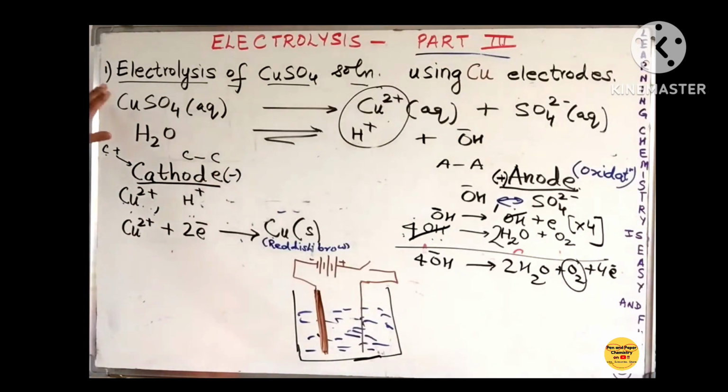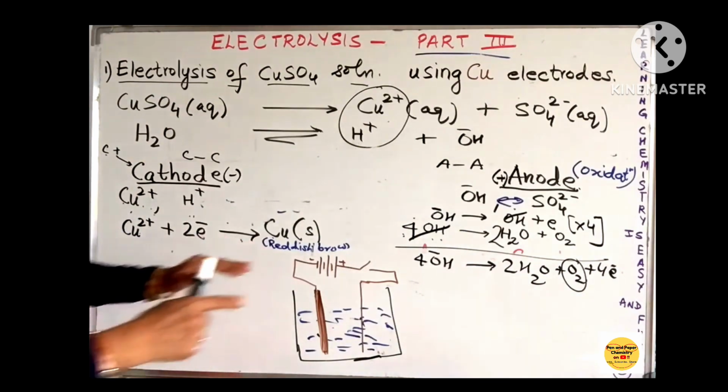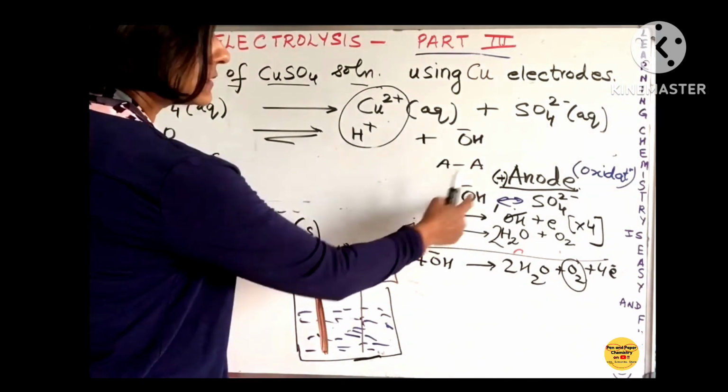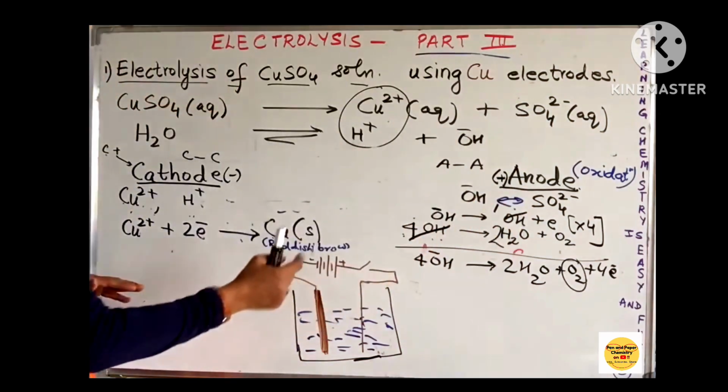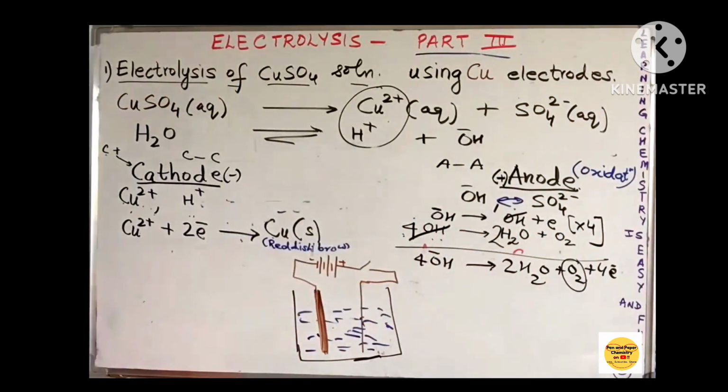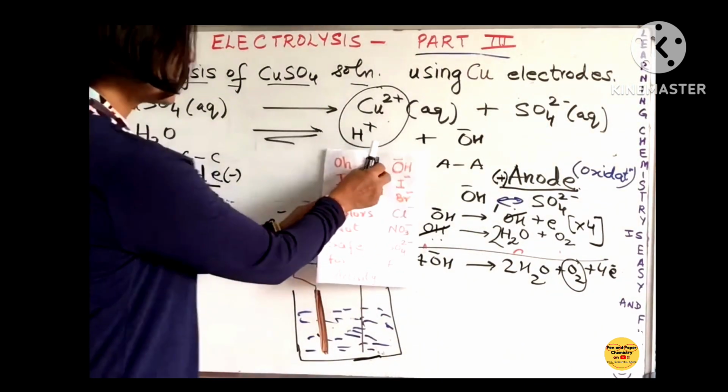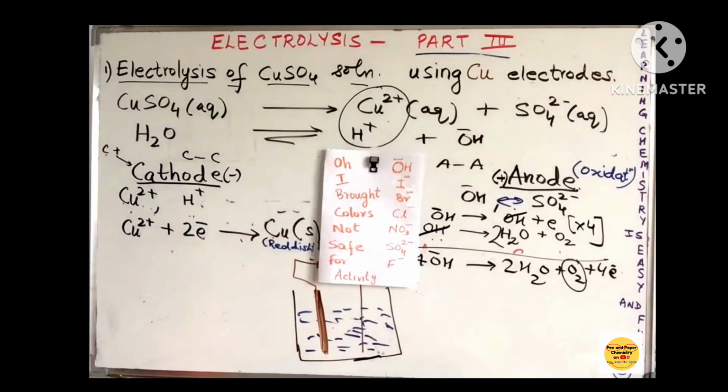So when you have platinum electrodes, copper sulphate, water, they dissociate, cathode, cations, copper gets discharged, reddish brown deposit, anode, anions go towards anode, hydroxyl gets discharged, and if you want the mnemonics, you can note this down as well, right?